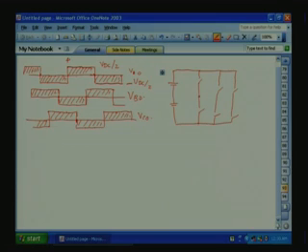A, B, C, A, B, C. So, our load is like this. It comes here, it comes here, C comes here. This is our neutral N.